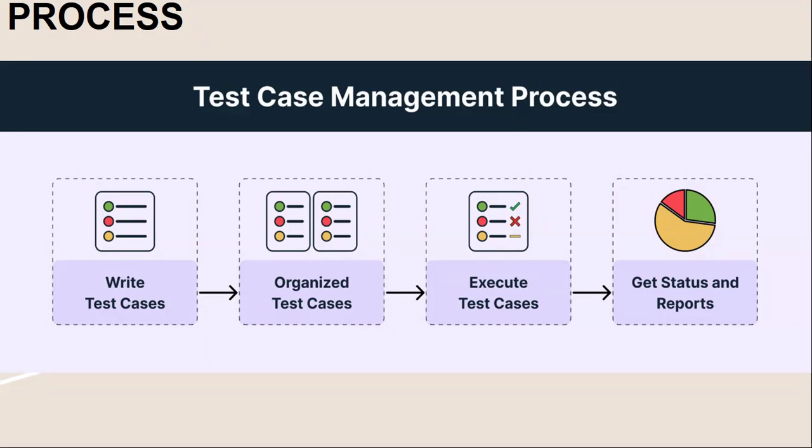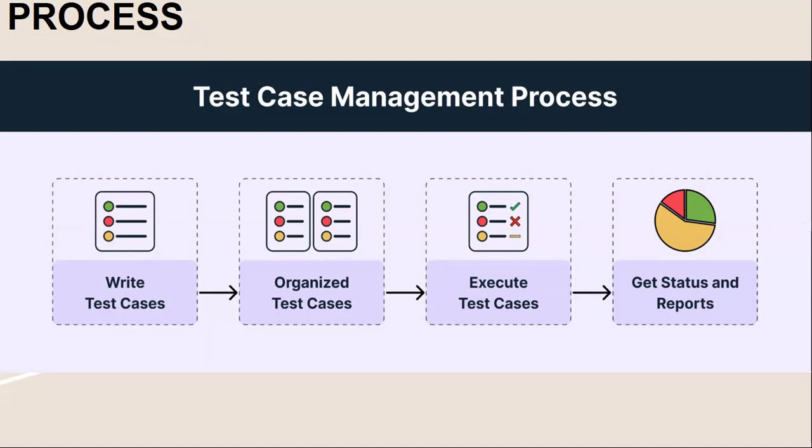Then a phase of tracking and maintenance of test cases, defect tracking and management. Defect tracking and management is used to record defects found during test case execution. Use a defect tracking system to prioritize, assign, and monitor the status of each defect until resolution.